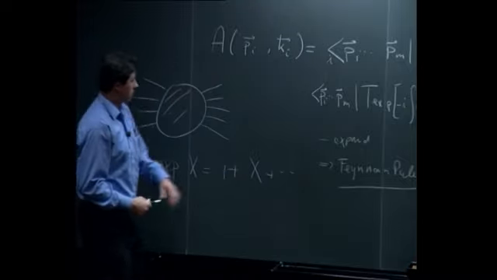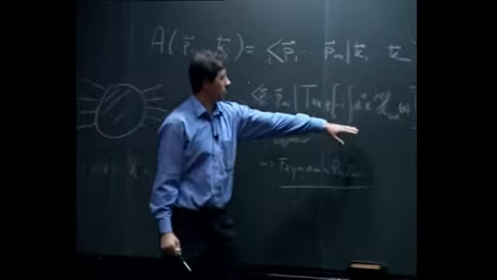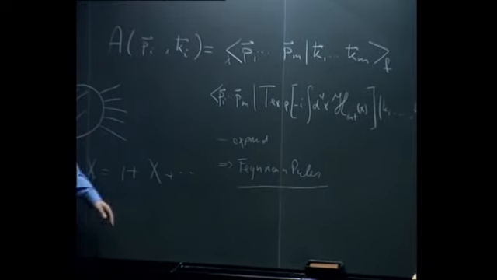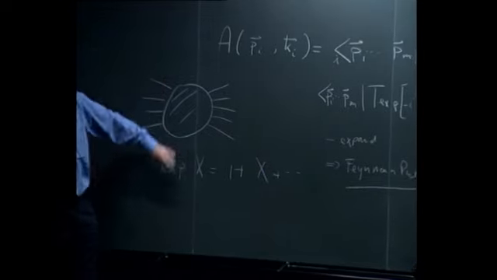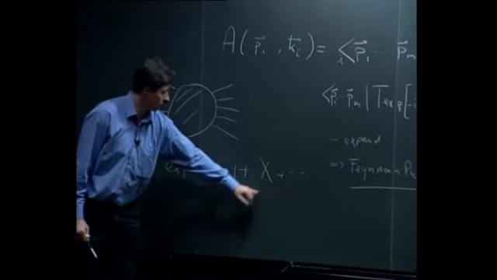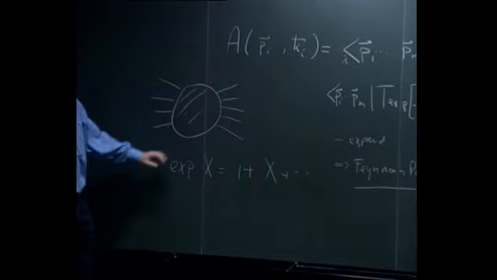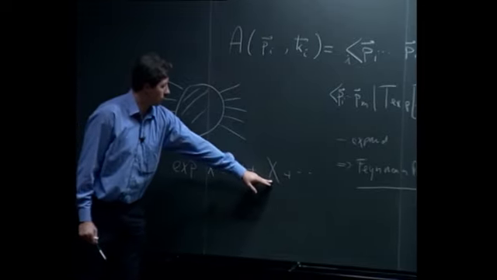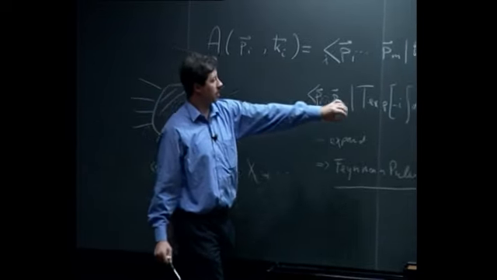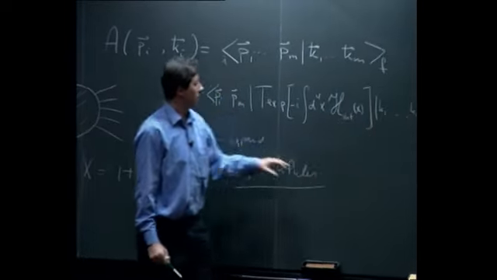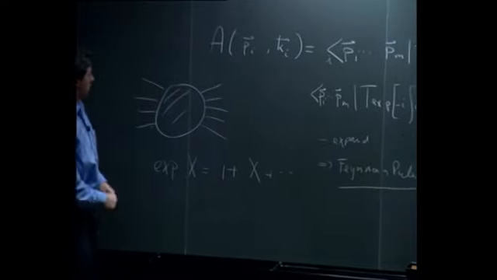So in here, x means the integral of the Hamiltonian density just once, and the first order contributions in the Feynman rules are always coming from this first term in the exponent. And so what we are actually doing is looking at the matrix elements of the interaction Hamiltonian between the initial and the final states.